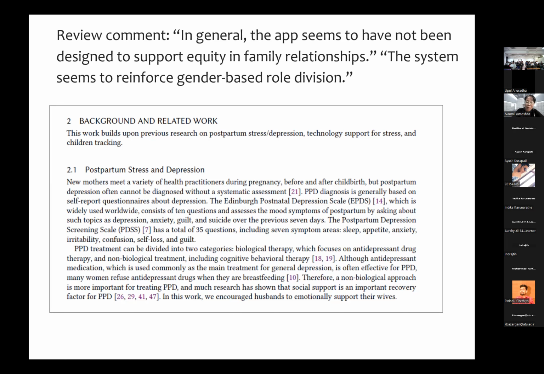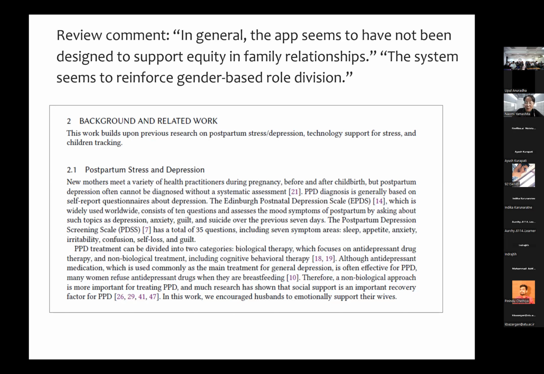But we developed an intentionally asymmetric tool, not to reinforce or perpetuate inequality, but to address the problems caused by the existing imbalance in parenting roles.